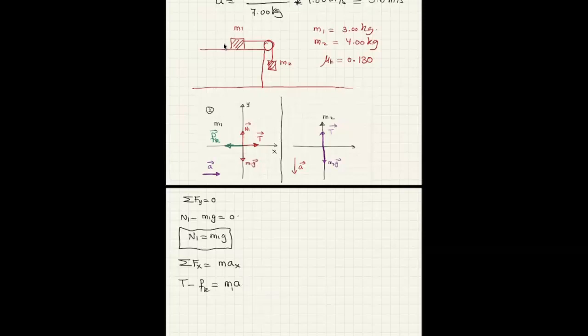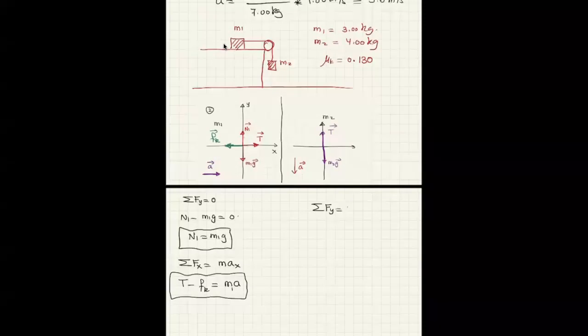Okay, this is one of the equations. For the second mass it's gonna stay the same: sigma Fy equals MAY, and it's gonna be T minus M2G should equal M2A with a negative here.